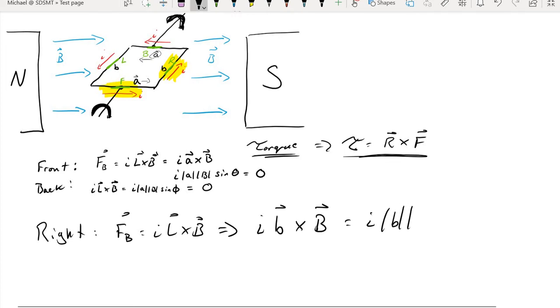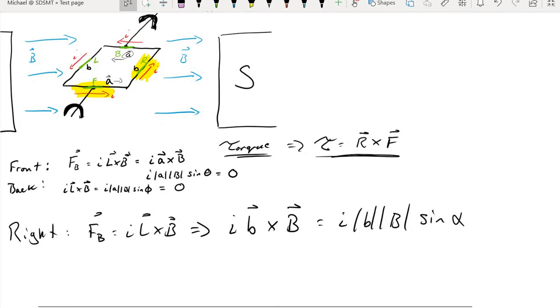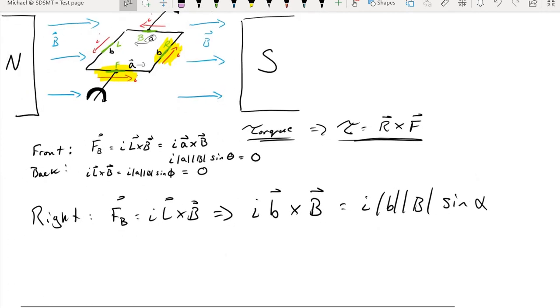This will evaluate to the magnitudes of each vector times the sine of the angle between them. So I'll use a different angle notation here. I'll call this alpha. The angle between big B and little b. Big B is pointing to the right. Little b is pointing into the page.